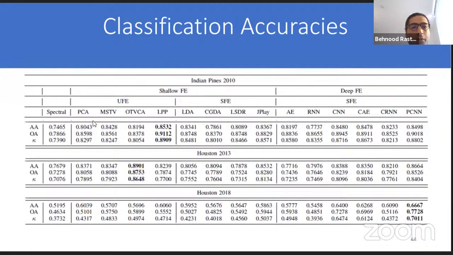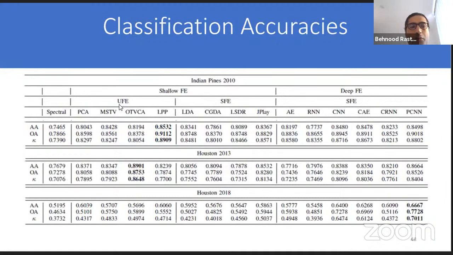And then we compare them with unsupervised feature extraction and random forest, and also supervised feature extraction techniques and applying random forest.